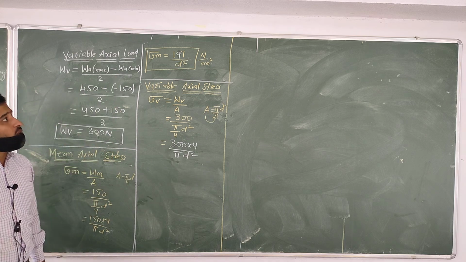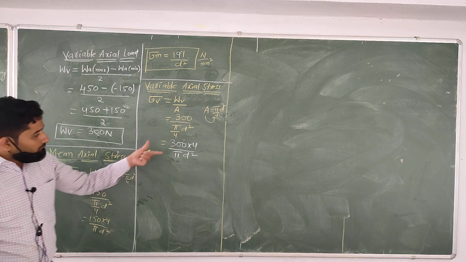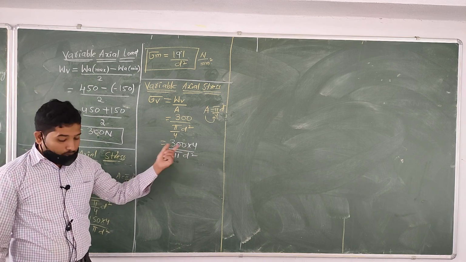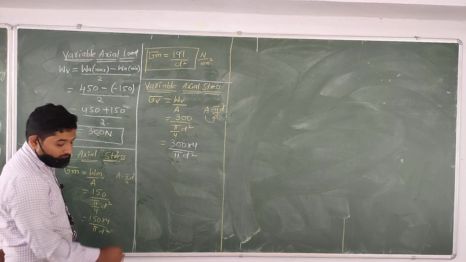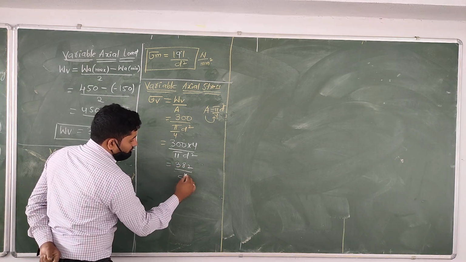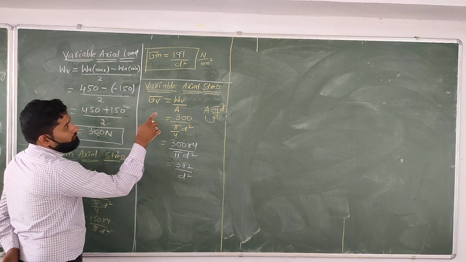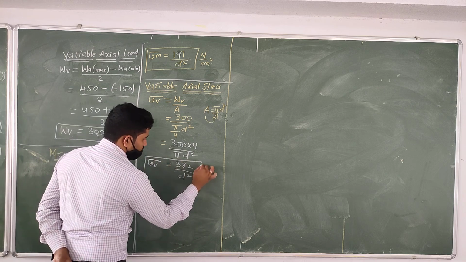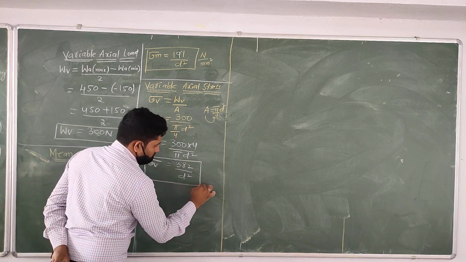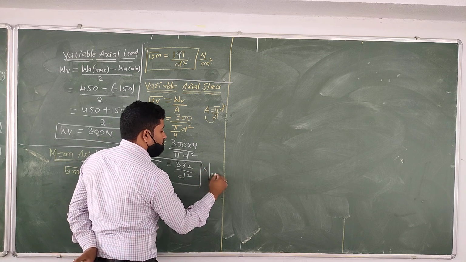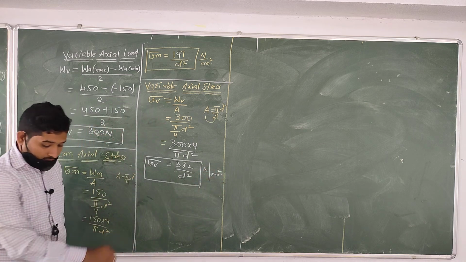Here, if you solve with the help of a calculator, 300 into 4 by pi, then you will get the value of 382 by d square. That is the value of the variable axial stress, that is the value of sigma v. Then what will be the unit? The unit should be Newton per millimeter square. That is the unit. Is it right?